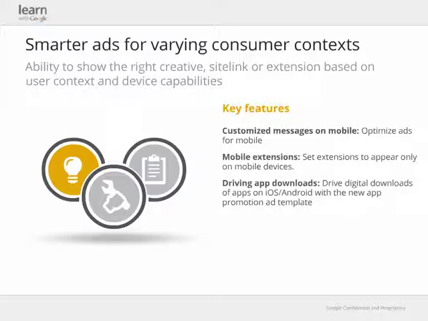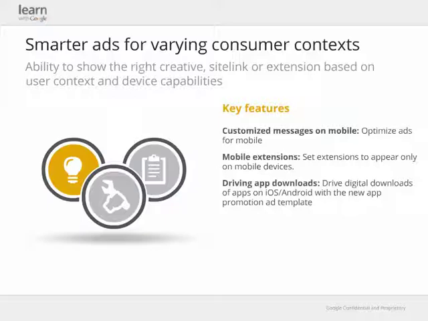Just recapping the point we were making earlier, if you've got a business that's open in the evenings versus weekends, for example, it's a case of being able to target them specifically during those times. Also driving app downloads, which is critical and something that we'll really be able to flesh out with enhanced campaigns. So drive digital downloads of apps on iOS and Android with the new app promotion ad template.